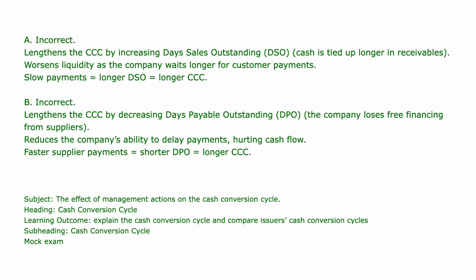Since DSO is an added value in the formula, an increase results in a lengthened CCC. Option B. Paying suppliers faster, in 15 days instead of 30, decreases days payable outstanding, DPO. Because DPO is a subtracted value in the equation, reducing it results in a longer cash conversion cycle.